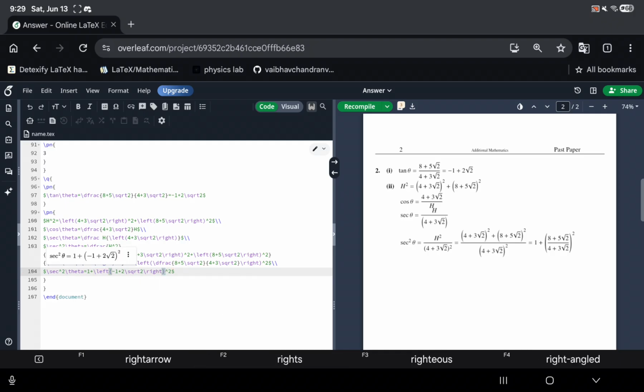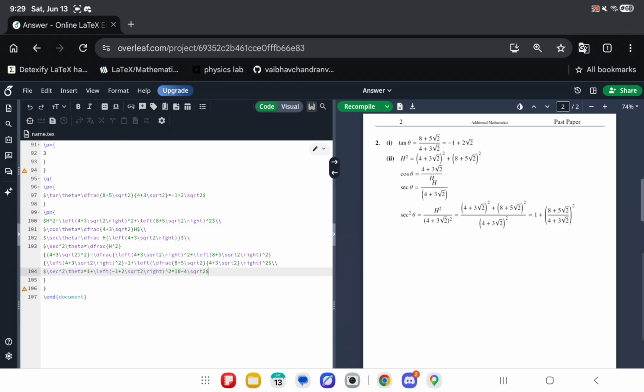And in a calculator, if we compute this, we get the value of 10 minus 4 square root of 2, and that is our final answer. Nice. See?